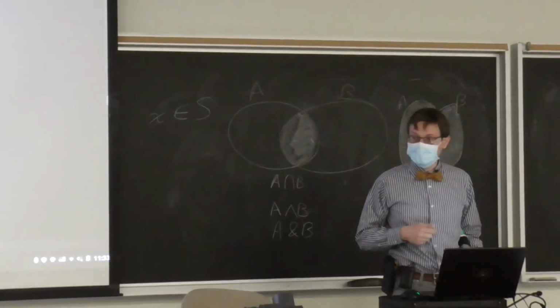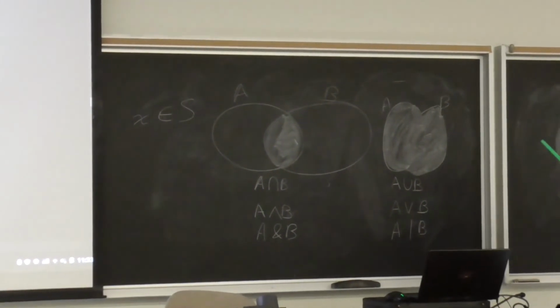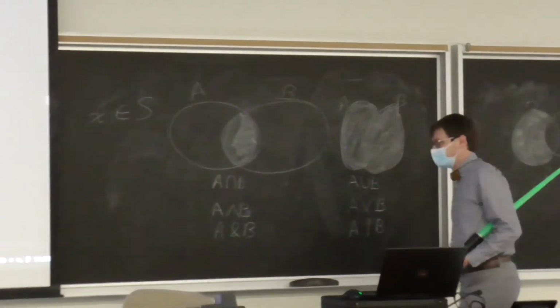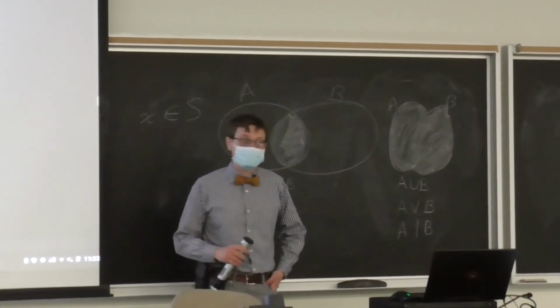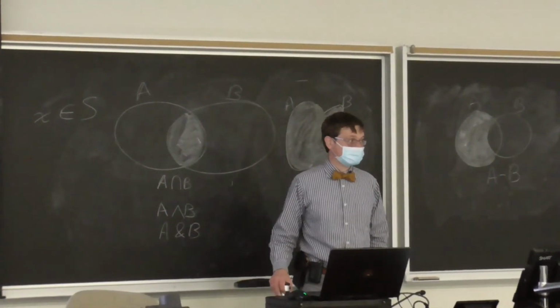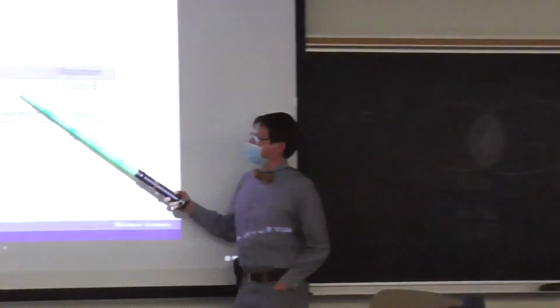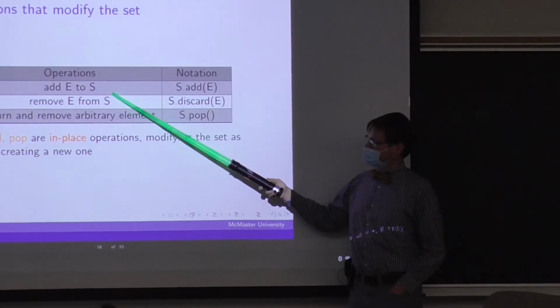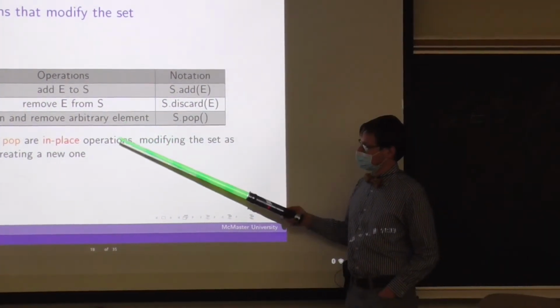So sets are mutable data structures in the same way that lists are mutable data structures. So all of those rules that we talked about with respect to aliasing are also applicable to sets. We have an add operation, a discard operation, a remove operation, and a pop operation.